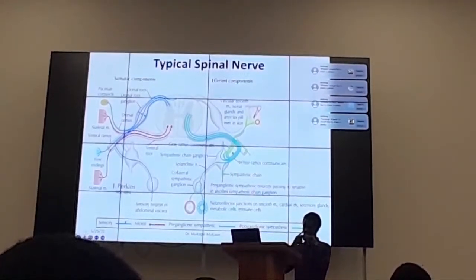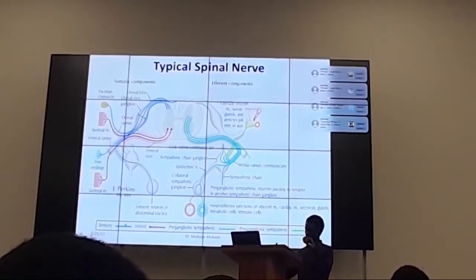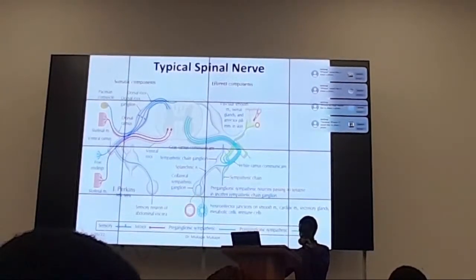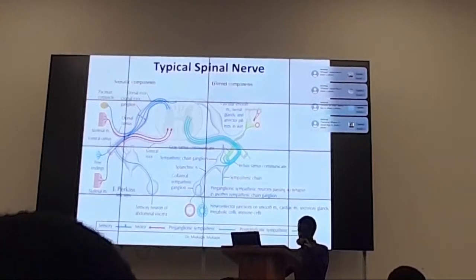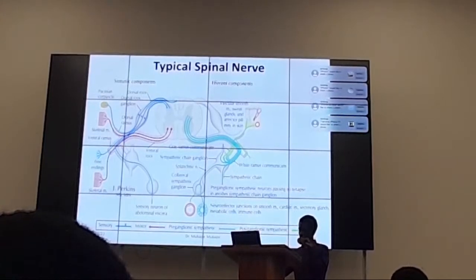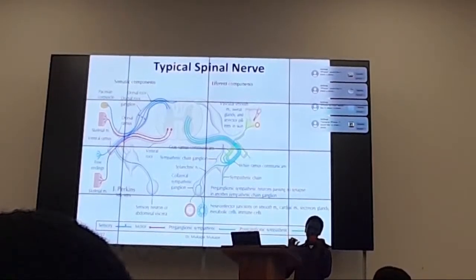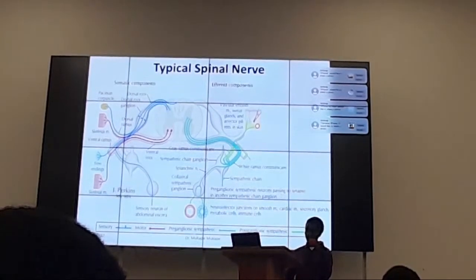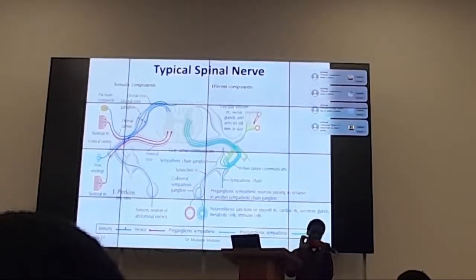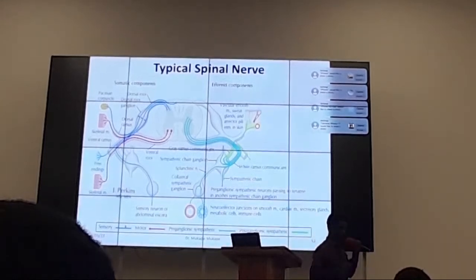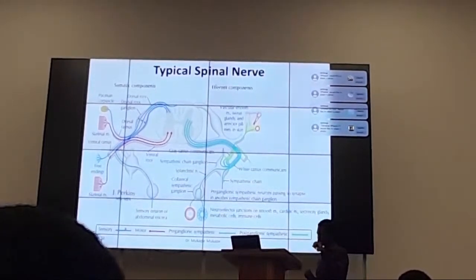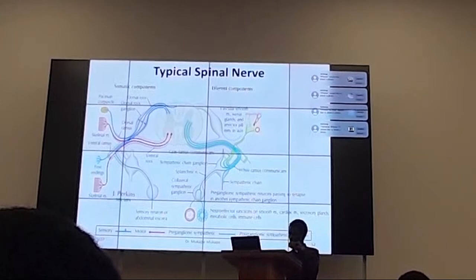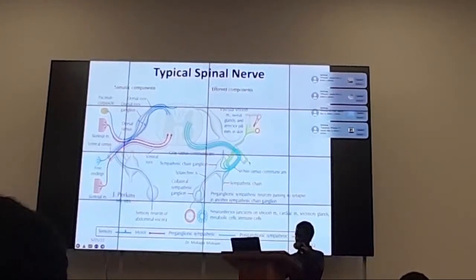Now, what is the key information here in the communicants? What you need to know is that these communicants contain autonomic fibers.